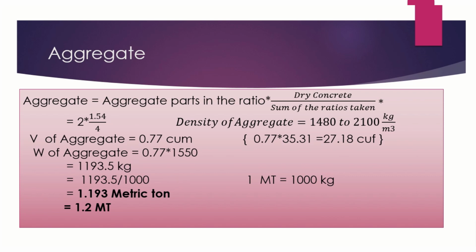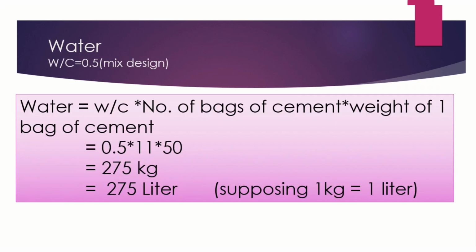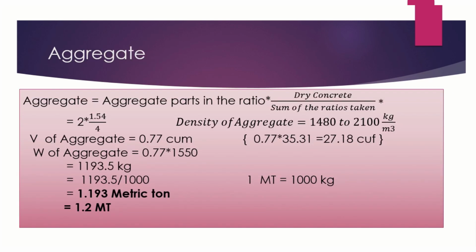So in this case aggregate content is 2, and then this is dry concrete and this is the ratio. After calculating this we'll get volume of aggregate in meter cube. This is 0.77 cubic meter.